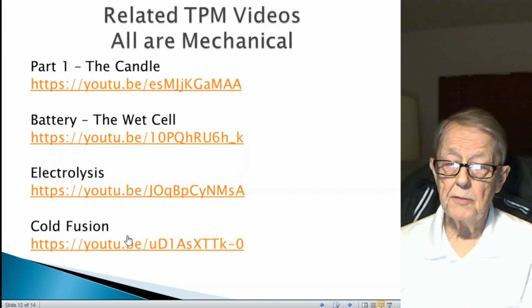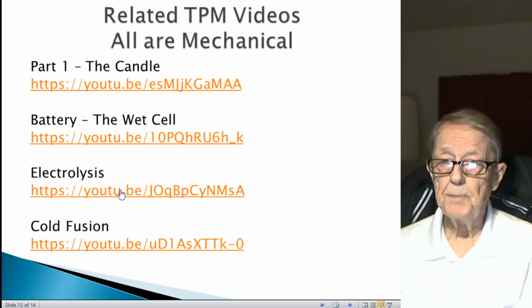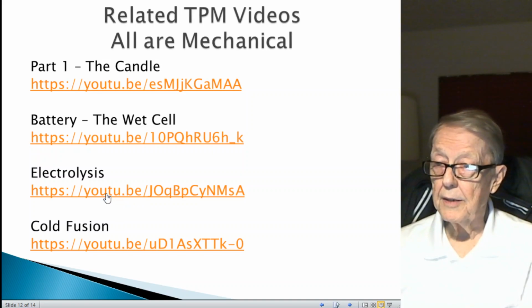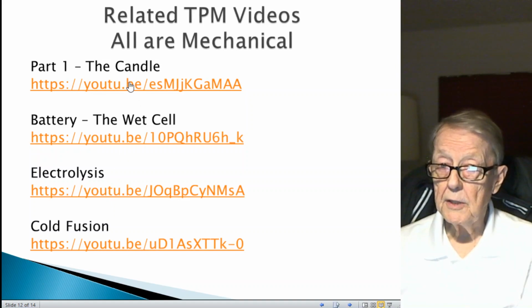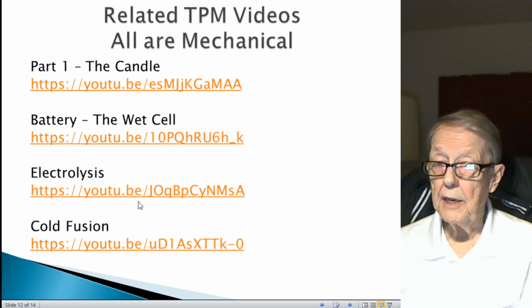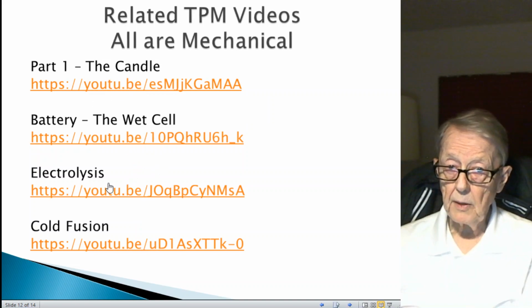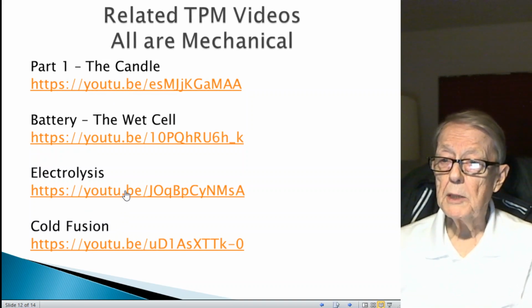Cold fusion is a special case, in my understanding, of electrolysis. So there are a lot of related articles, whether it's a chemical reaction in biology, or in the candle, the combustion, the battery, electrolysis. TPM explains it mechanically.